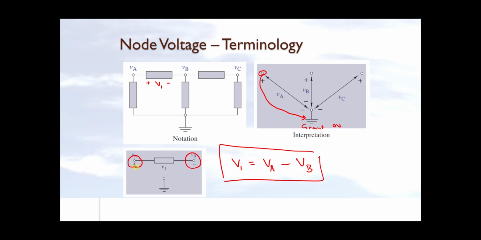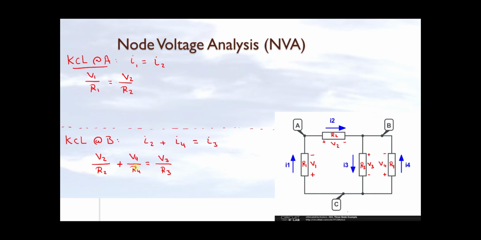Okay, so now let's apply this node voltage analysis technique to our circuit. Now I have V1. As V1 is on this element R1, I have two nodes here that are connected to R1, across which we have V1.